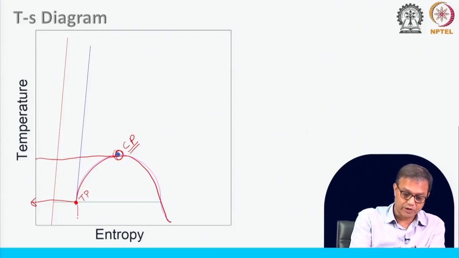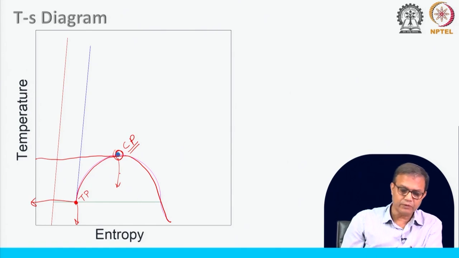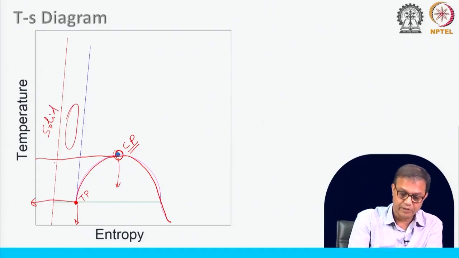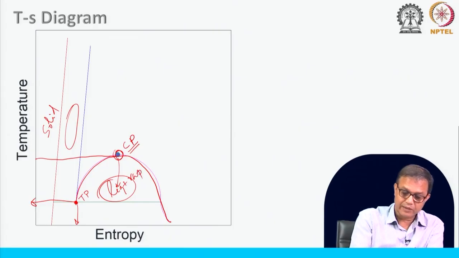So, now corresponding to this we have the entropy values also. This is where you have completely solid. This region is solid plus liquid. This is liquid and vapor. Inside this dome we have the liquid plus vapor, and it can exist in the liquid form only up to this region.